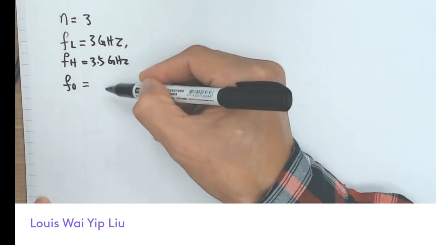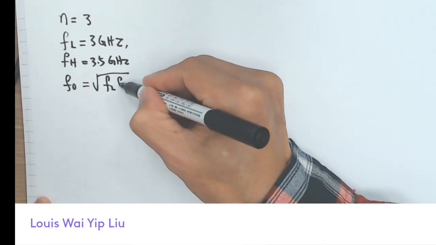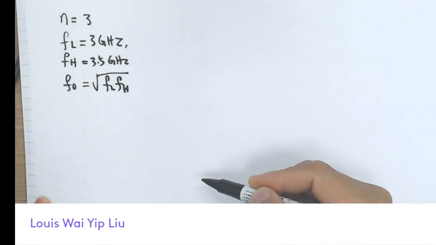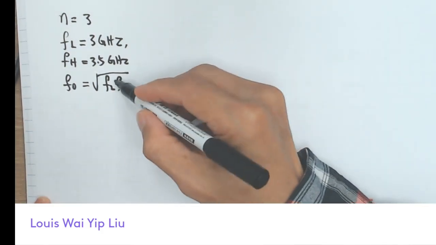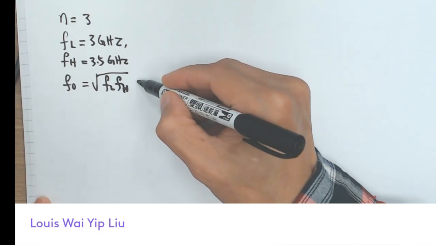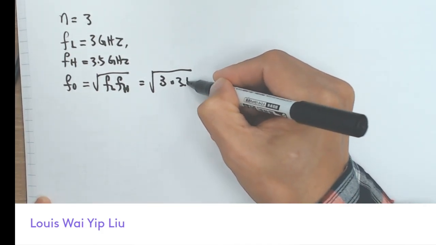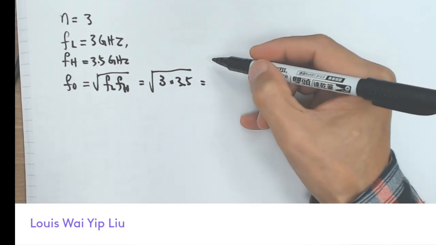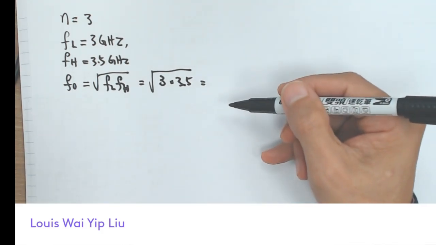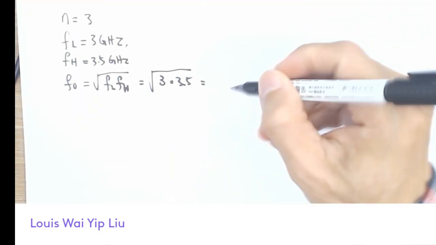The resonant frequency is the square root of the product of the lower and upper corner frequency, so 3 times 3.5. The value should be 3.24 GHz.